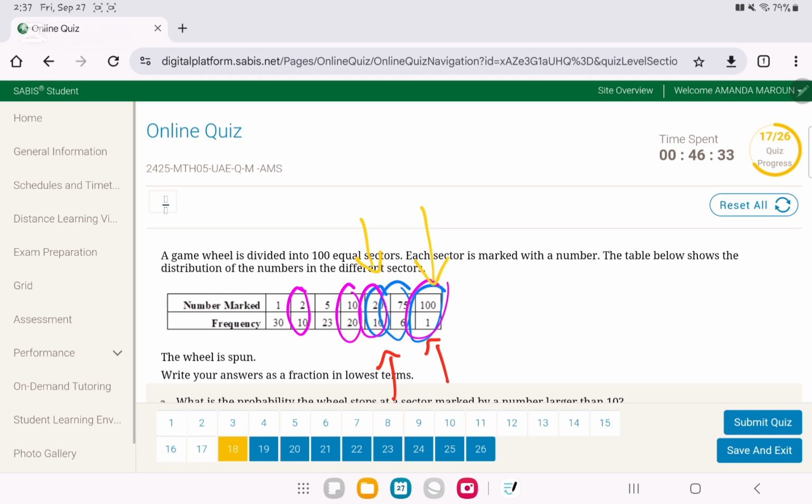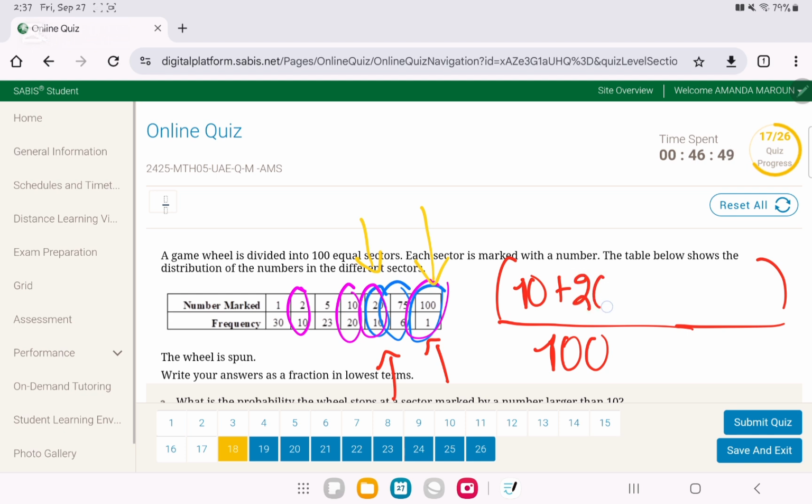So this is logically, we're going by thinking normally, okay? So out of 100, which is the total, we're going to take the frequency of 2, which is 10, plus the frequency of 10, which is 20, plus the probability of 20, which we're only going to take one time, which is 10, plus the probability of 75, which is 6, plus the probability of 100, which we're only going to take one time, so it's going to be 1.